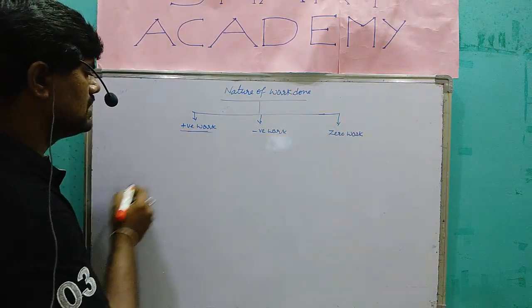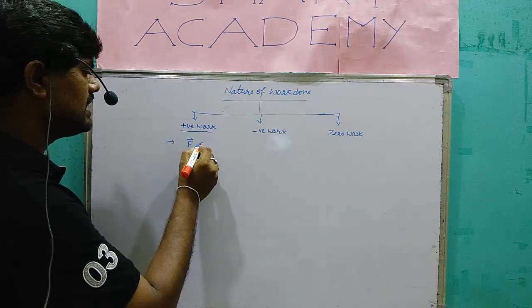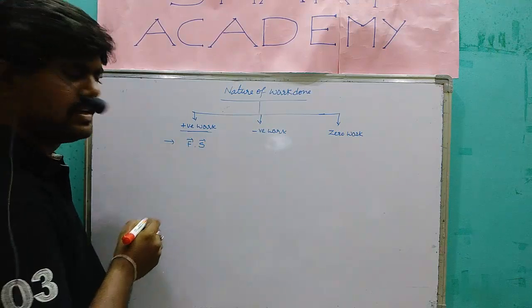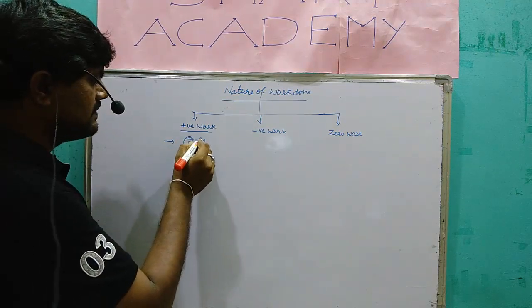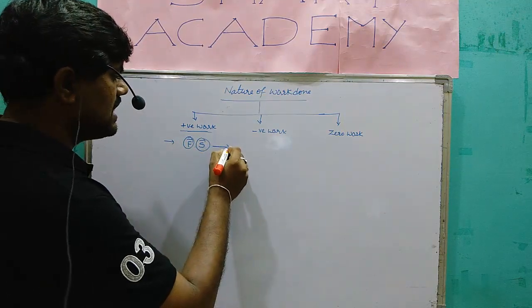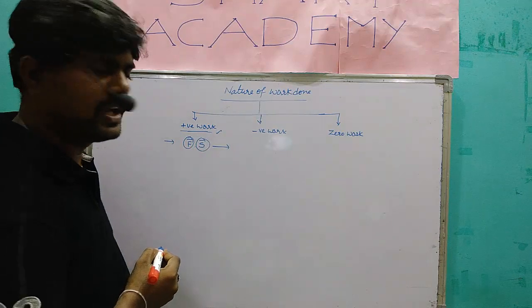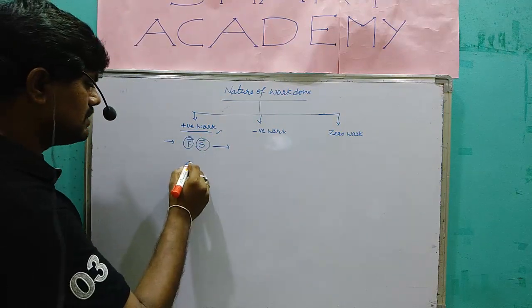So what is positive work here? Positive work is when we apply a force, and if the displacement of the particle or body is in the same direction, that is called positive work. In this case, suppose this is a body.